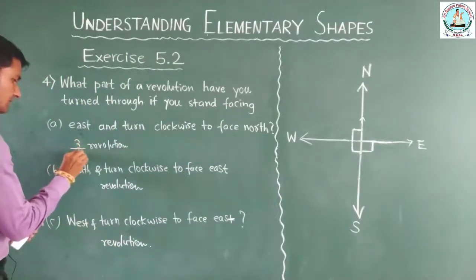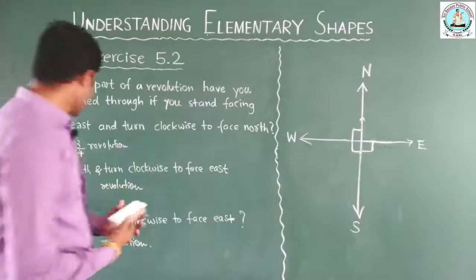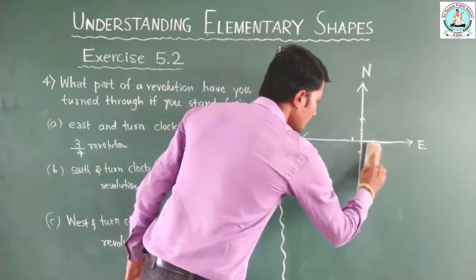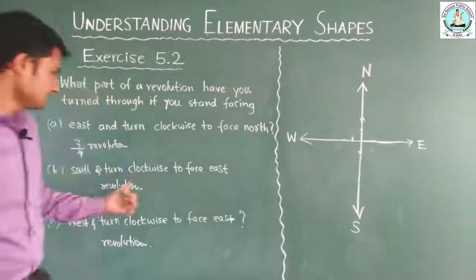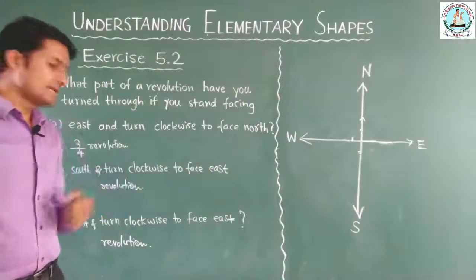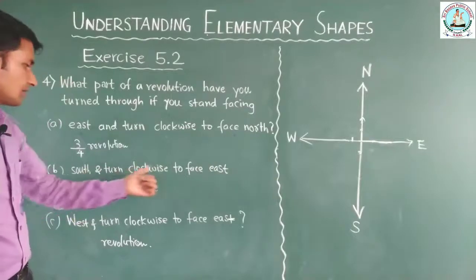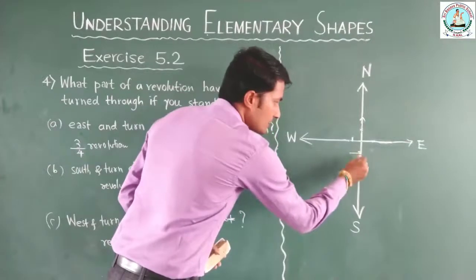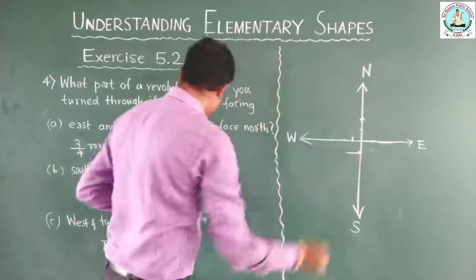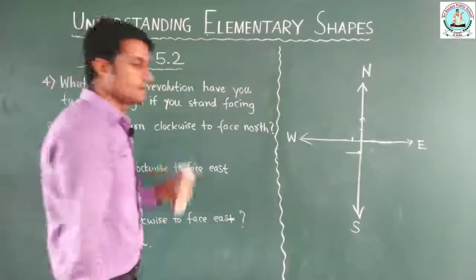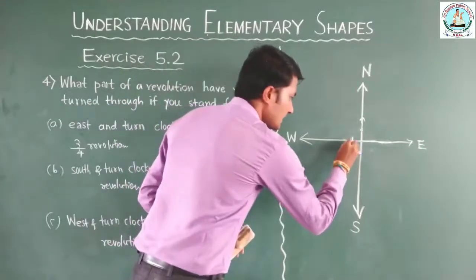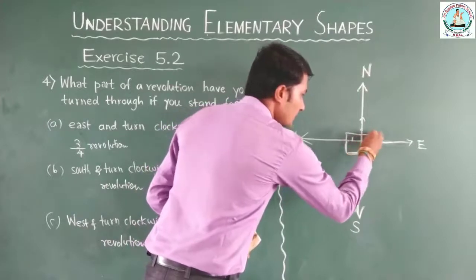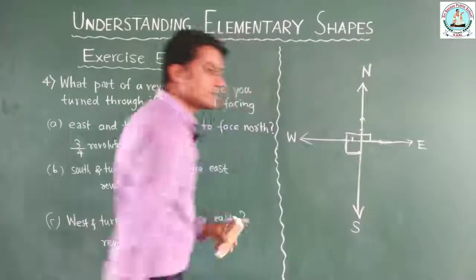So 3/4 revolution. Next, right now your starting point is south and you need to move in a clockwise direction to reach the east direction. So starting point is south, clockwise, and in which direction do you have to face? East direction. So first 90 degree, first right angle, second right angle, third right angle, and right now which direction are you facing?